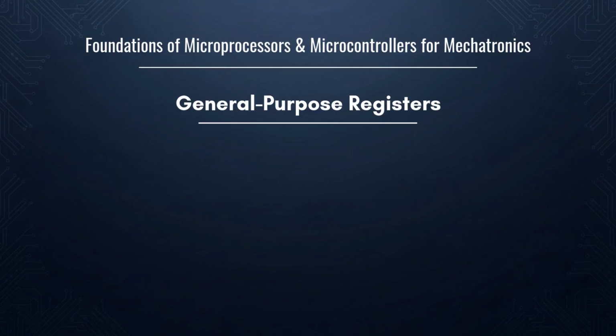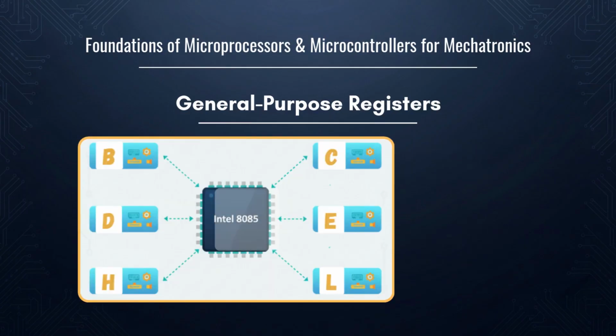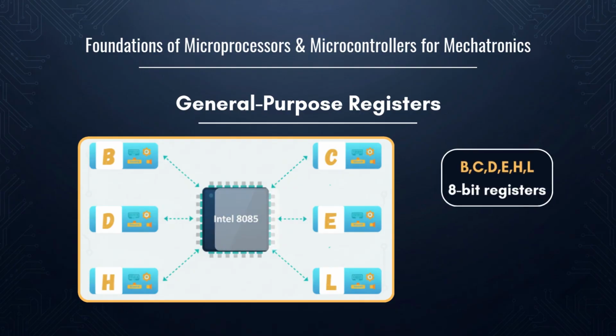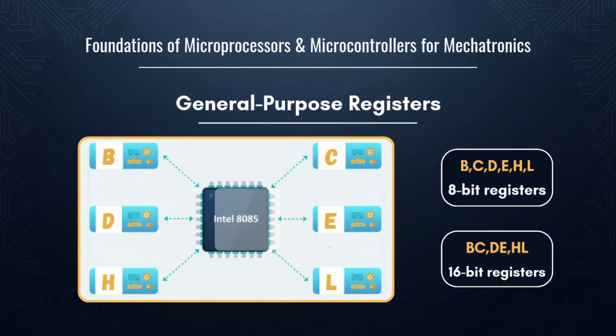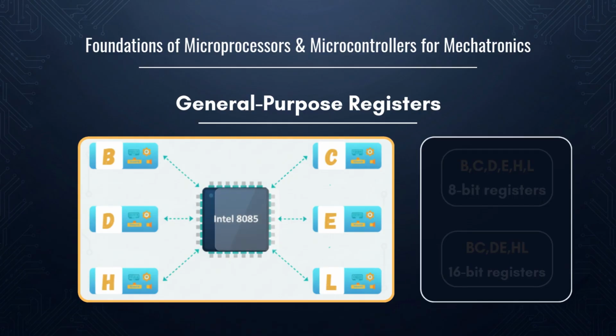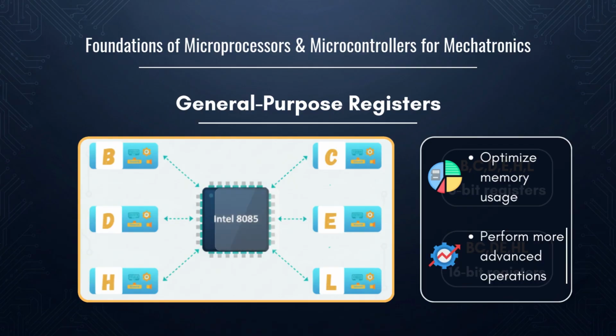For example, the Intel 8085 microprocessor has 6 general-purpose registers: B, C, D, E, H, and L. These can be used independently as 8-bit registers or combined into pairs like BC, DE, or HL to form 16-bit registers. This flexibility allows programmers to optimize memory usage and perform more advanced operations.